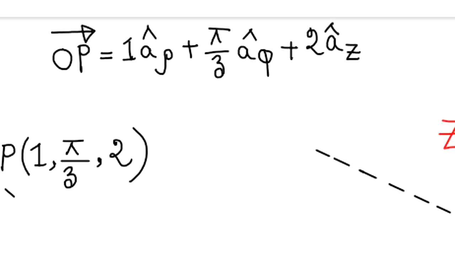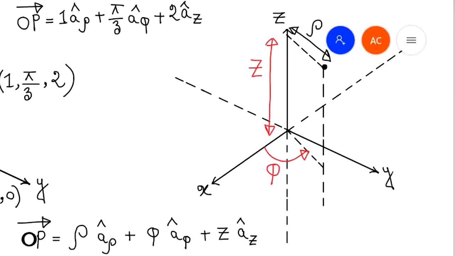Now let's talk about the individual direction, or the direction strategy, for the cylindrical coordinate system. First, talk about rho. We know that rho is the distance from the central axis.